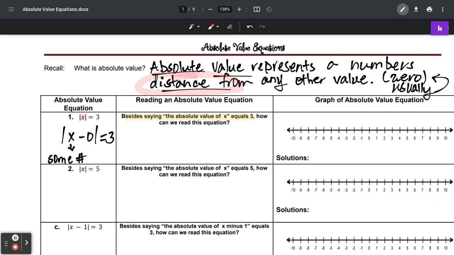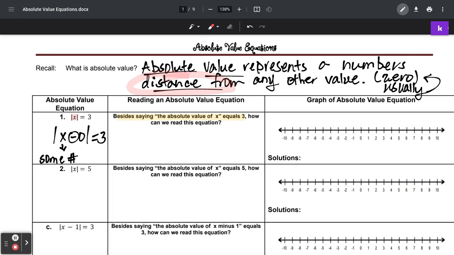And when we find distance between numbers, we use subtraction to indicate that distance between two numbers, okay? So that's why you see that minus sign there and not a plus. Because if I'm looking for the distance between 2 and 7, I can just take the absolute value of 7 minus 2, which is the absolute value of 5, which is 5.